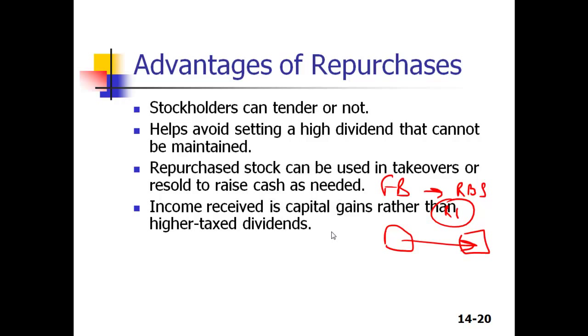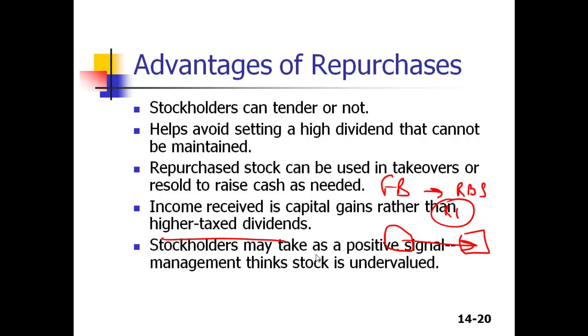Income received by shareholders is capital gains rather than dividends, which generally involve higher taxes. Shareholders may take it as a positive signal that management thinks the stock is undervalued. The point here is, when management buys back shares, what sort of signal is going out?